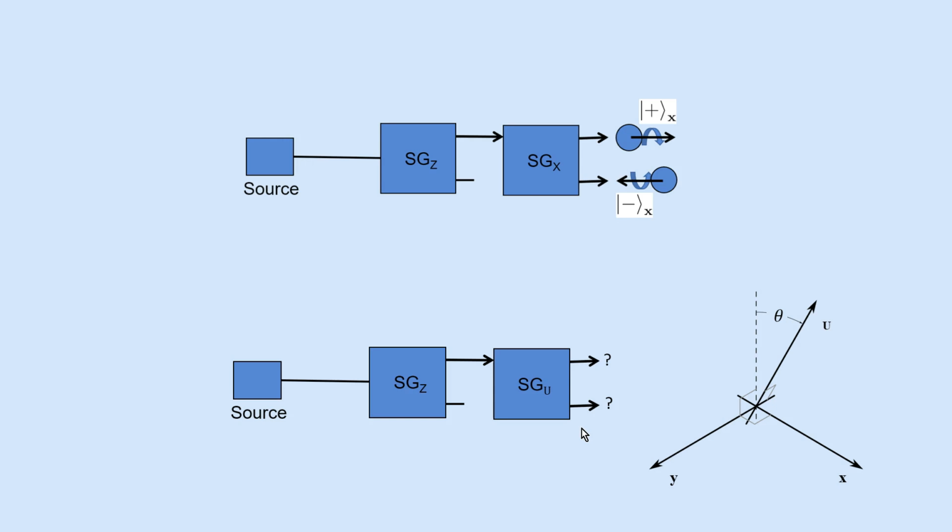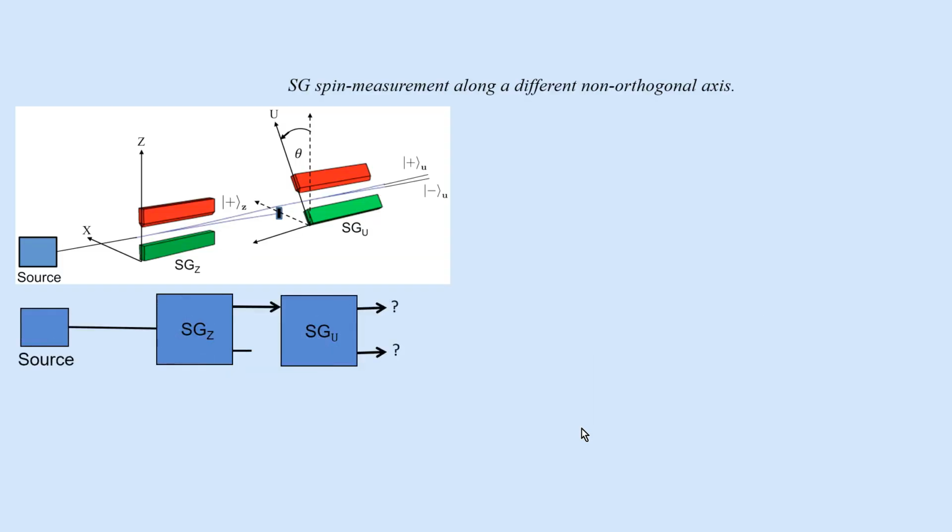And this can be done by smoothly rotating the second Stern-Gerlach magnet, and one can measure by doing so the spin component not only along the 90 degrees axis but along any orientation in between by an arbitrary angle theta, as shown in the figure here, where for clarity I display the same block diagram of the previous slide again, but this time by labeling the second axis as u instead of x.